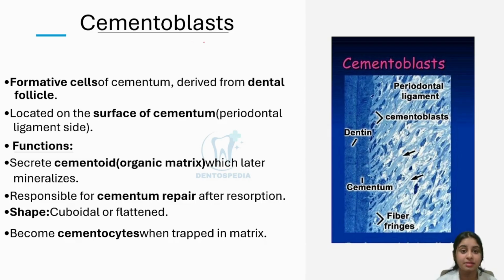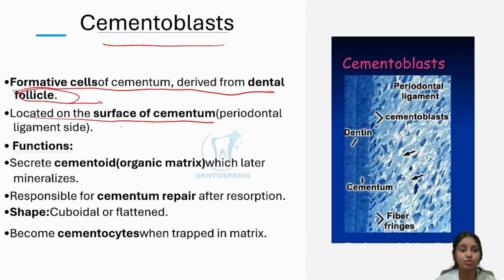Coming to cementoblasts. Cementoblasts are the formative cells of the cementum. They are derived from dental follicles, and they are located on the surface of the cementum towards the periodontal ligament side. So this is the cementum, and those cementoblasts are present on the edge of the cementum towards the periodontal ligament.